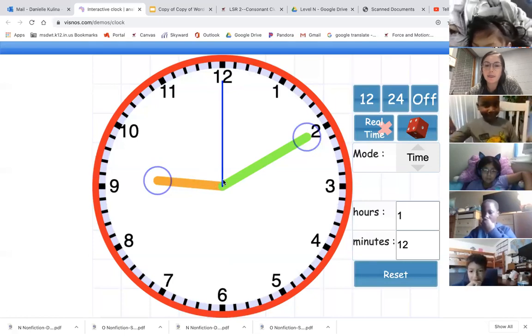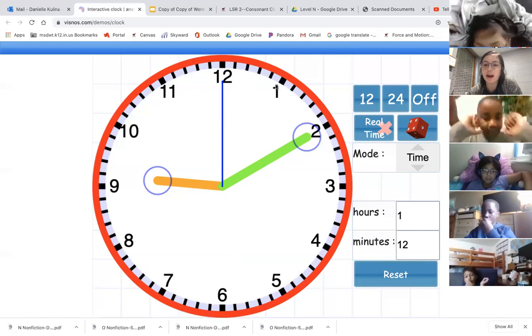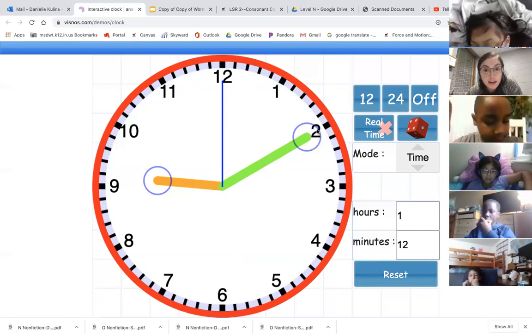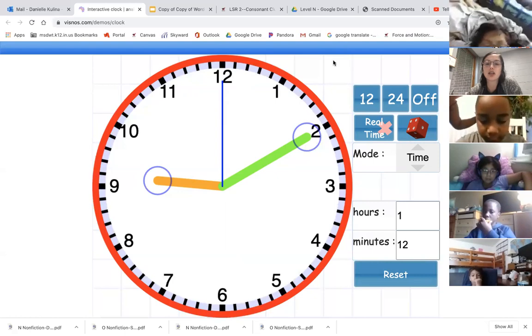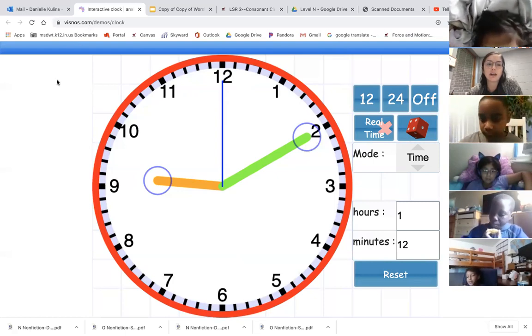If it's 9, and then it's pointing to the 2, you count by 5 until you stop. So 5. Go ahead and send me a chat. Tony, try again.